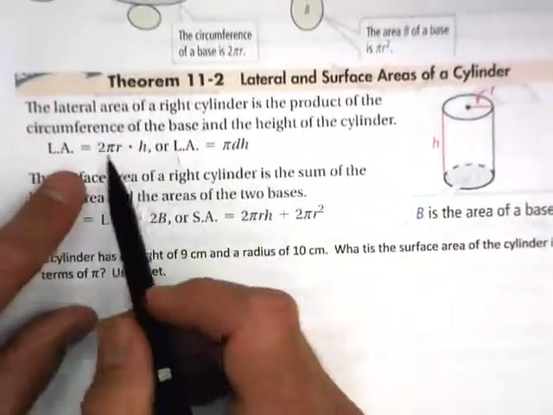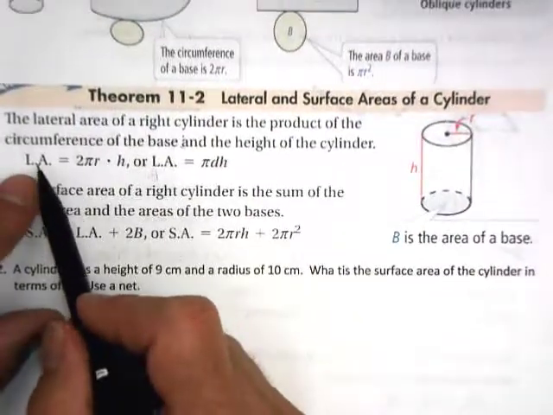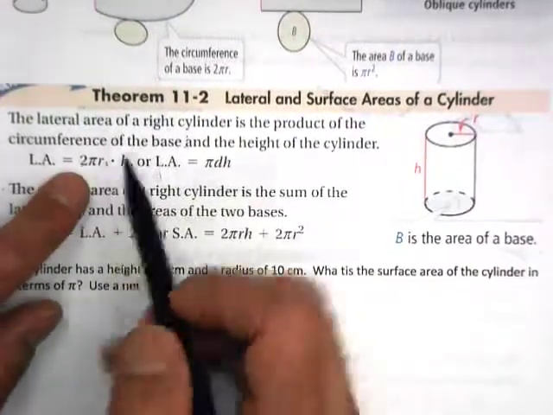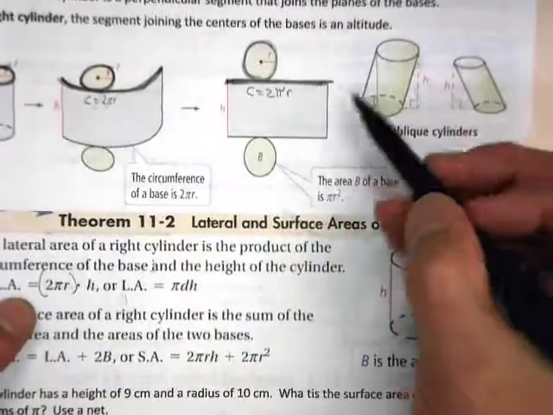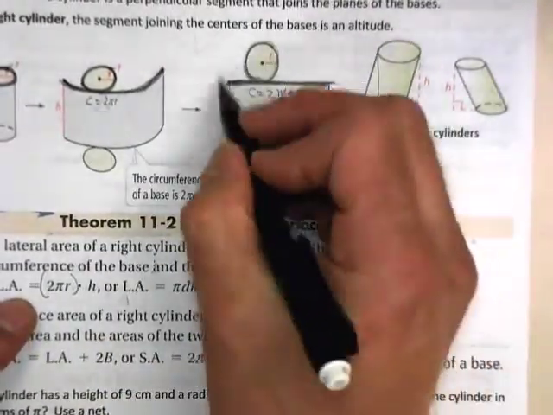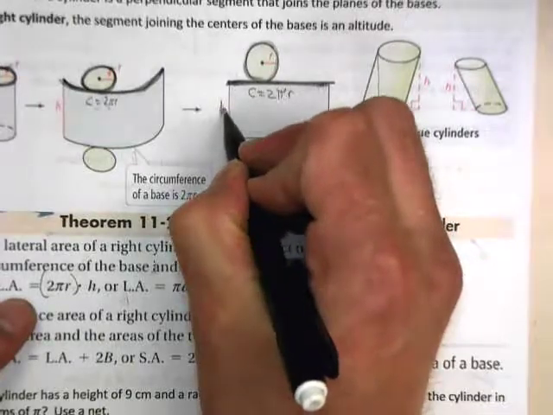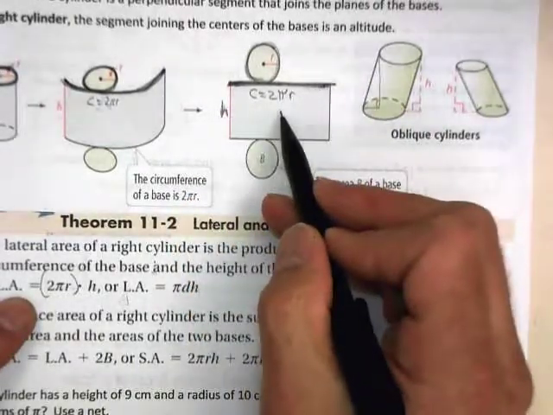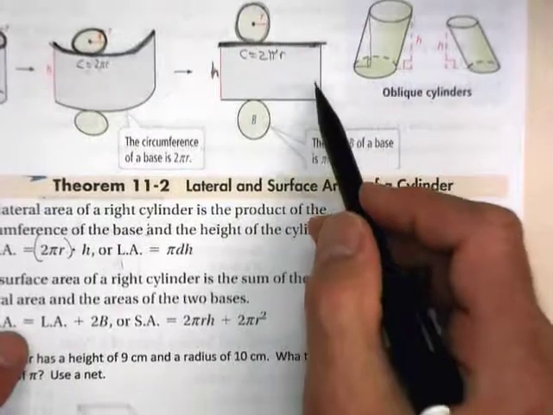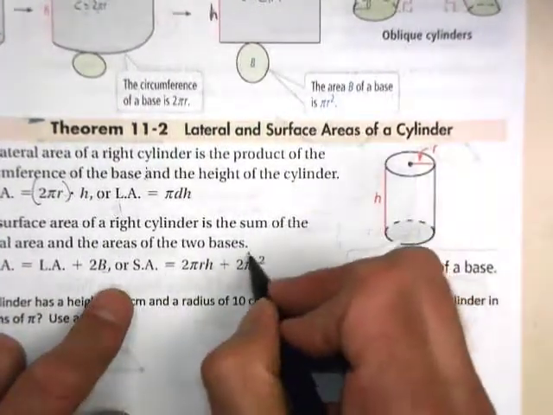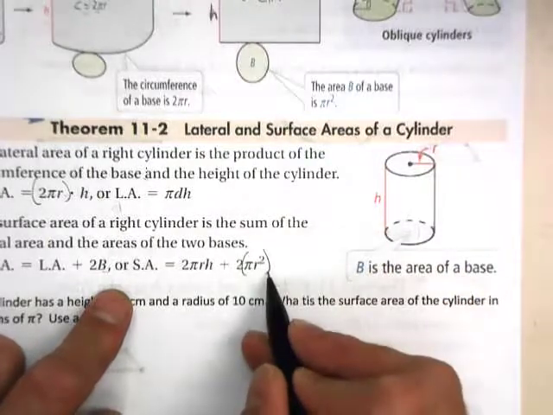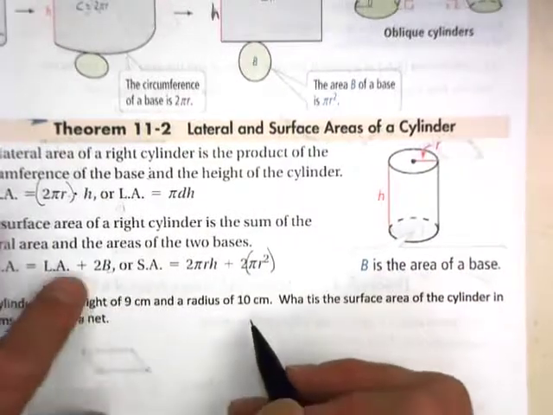So that's why they say down here that the lateral area equals 2 pi r, that's your circumference, times the height. And the height is this distance up and down here. So that's easy for the lateral area. And then the area of the base, like I just said, is pi r squared, 2 times pi r squared.